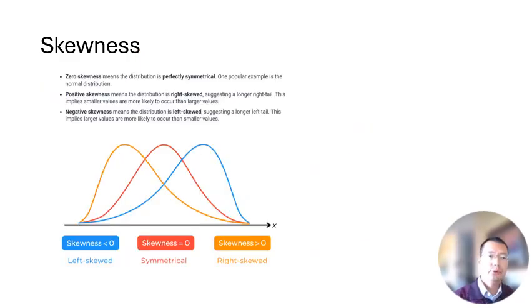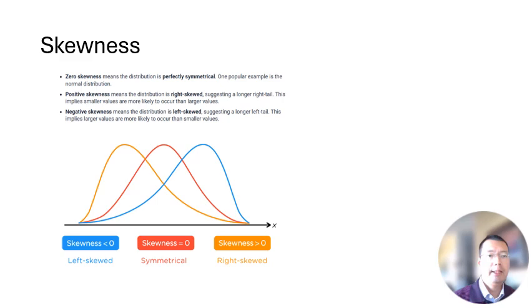Skewness is used to determine whether the distribution is symmetrical or not. If it's zero skewness, it means the distribution is perfectly symmetrical. One example would be the normal distribution. As we know, it's just a bell shape and it's symmetrical. Positive skewness means the distribution is right skewed, suggesting a longer right tail.